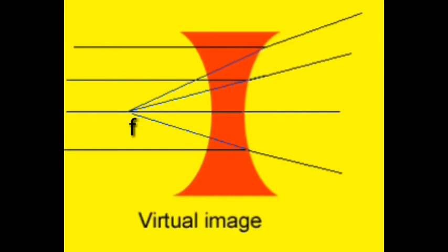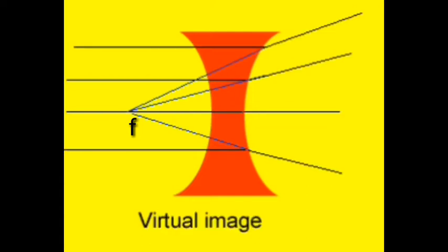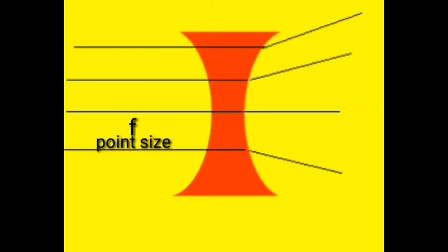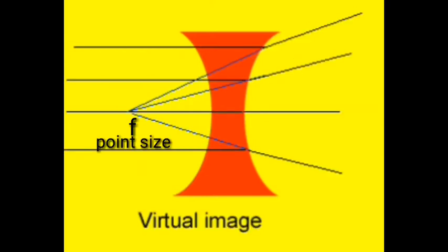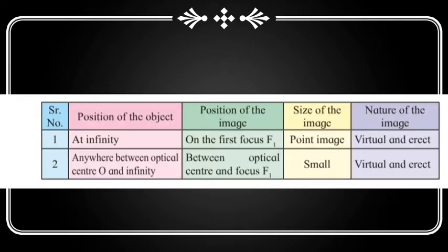Now see in this figure, rays coming from a far away distance, from infinity, converge on a single point, that is the focus point. It is also called the focus. The image is point size and virtual. So as shown in the table, at infinity we are getting the image on the focus, a point size image, and the nature is virtual and erect.